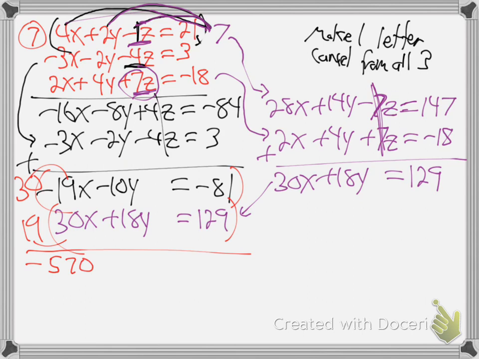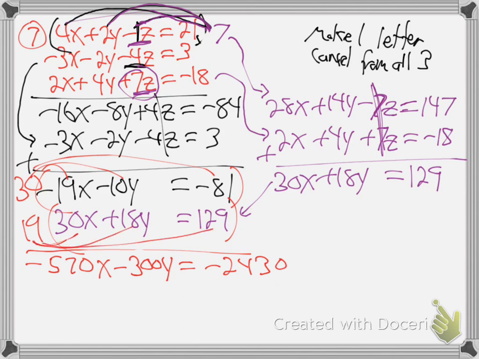Minus 570x minus 300y, and that 30 goes there too. 243 minus 2430, gigantic numbers. And then this 19 goes to all 3. So that's going to be 570x plus 19 times 18, I don't know.